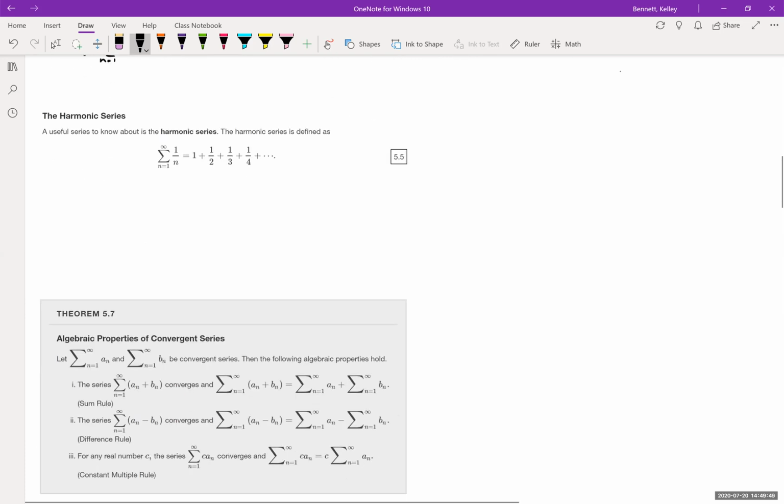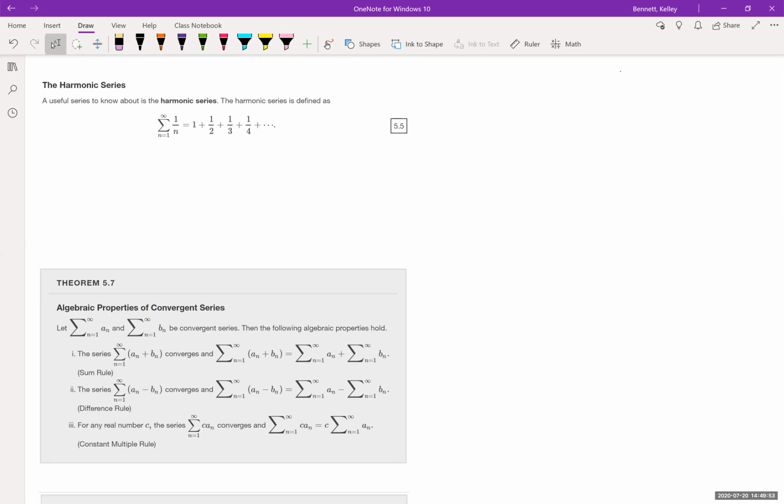Possibly the most important series that we're going to learn about in this class is the harmonic series. It's just the sum of 1 over n, so 1 plus a half plus a third plus a fourth, et cetera, and so on. There are so many awesome proofs of why this diverges, and there's a million ways to skin this cat. They're all fun.